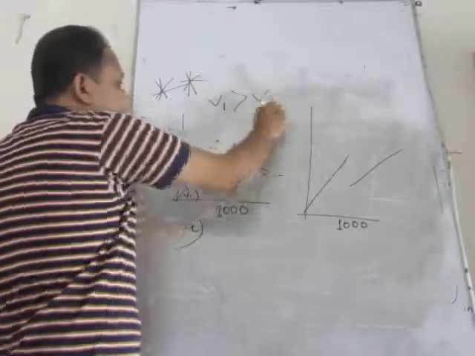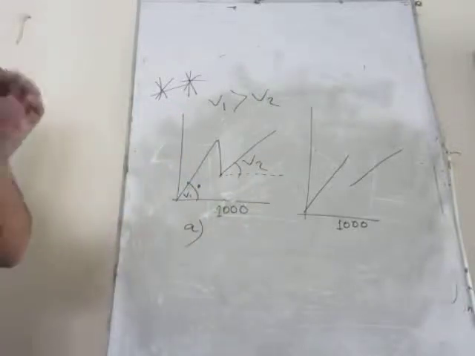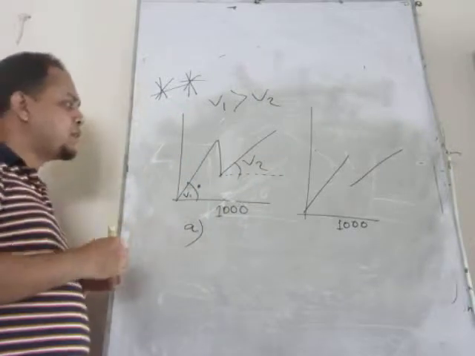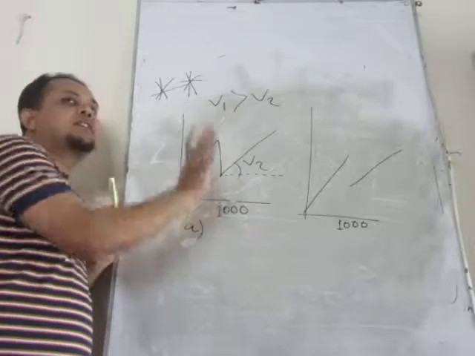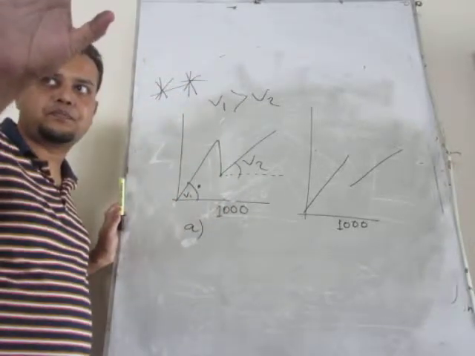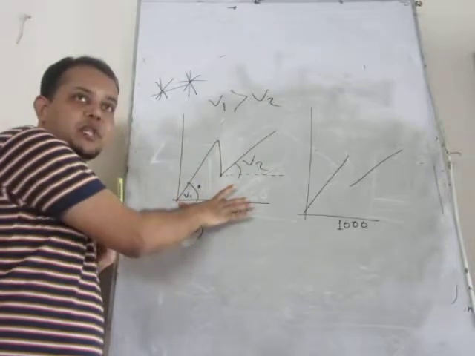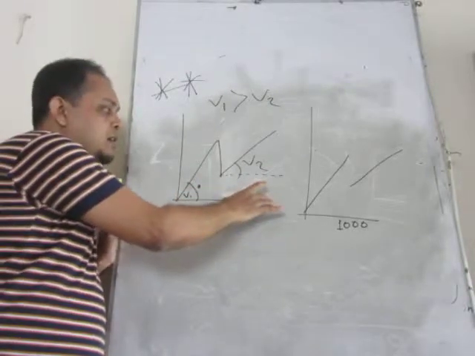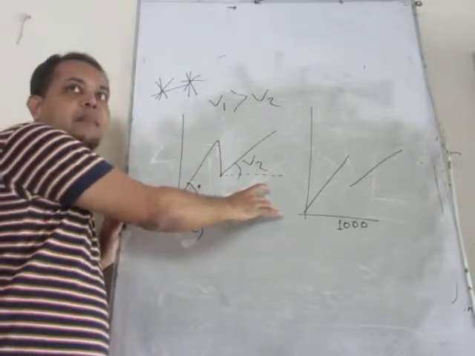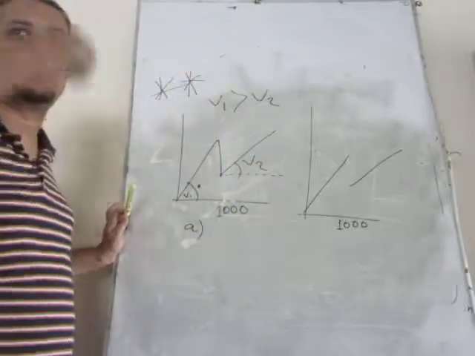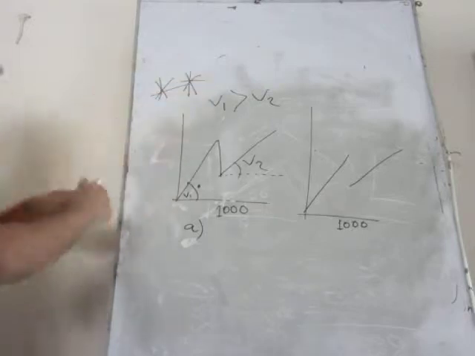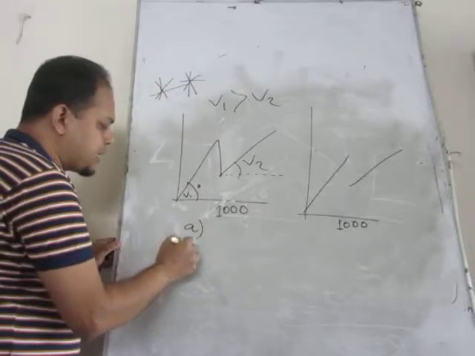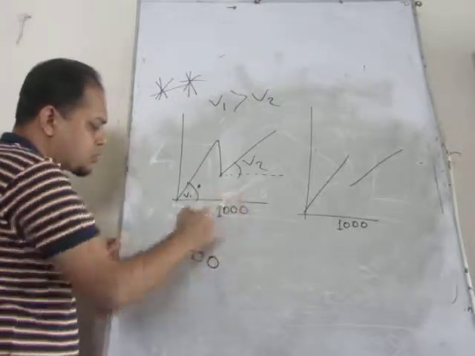V1 বড় হবে V2 থেকে, কোন যত বড় হয় তত বেশি হবে। So as for example you can say up to 1000 level per unit variable cost is suppose as for example 4 টাকা. If you go beyond 1000, excess of 1000 per unit cost suppose as for example 3 টাকা. So what will be the cost of, as for example, 1500 unit?